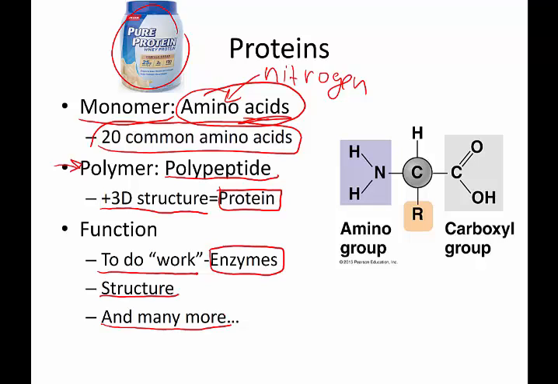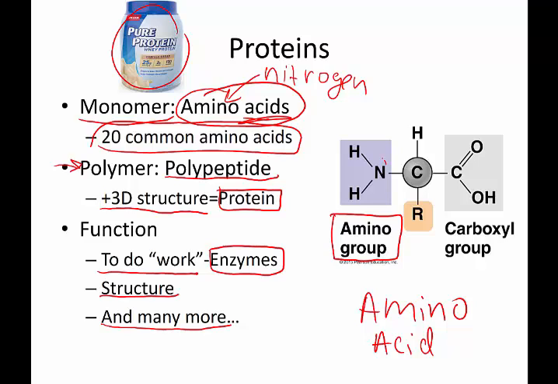Looking at the right-hand side of this PowerPoint slide, we actually have an amino acid. This is an amino acid right here. Again, I mentioned that when we say amino, we're actually talking about nitrogen. More specifically, though, we're talking about this amino group right here.